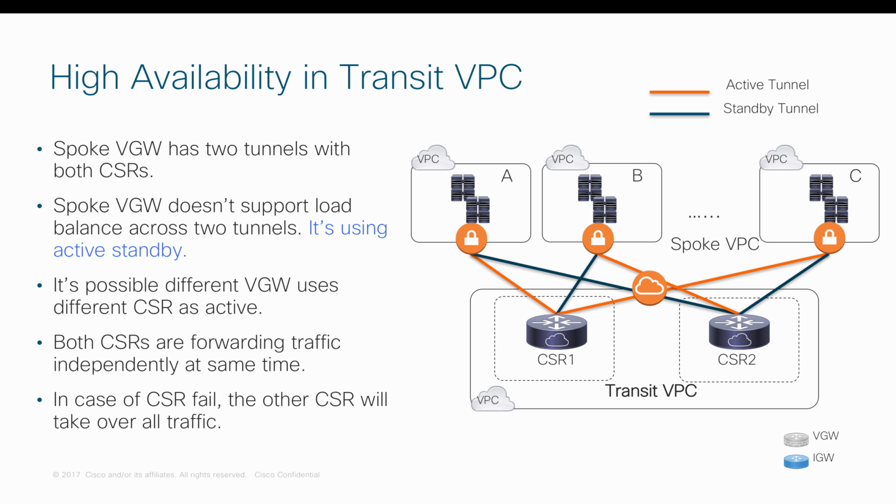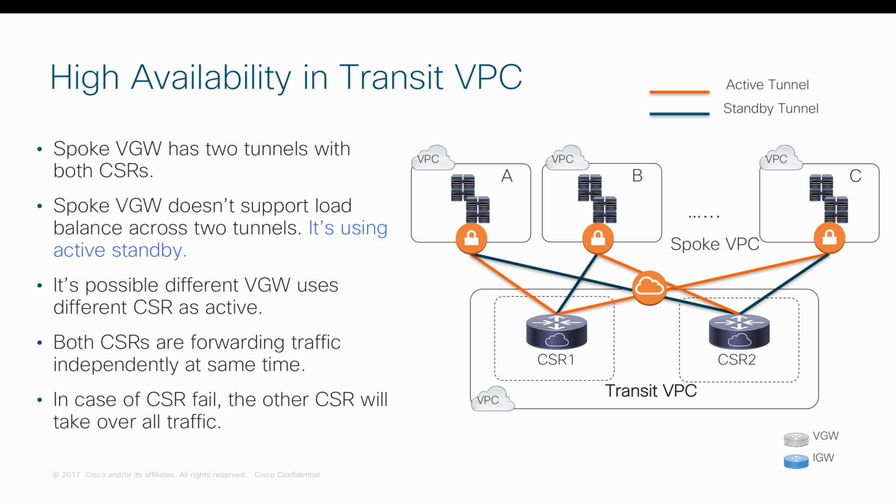So the VGW will become the point that handles the HA. And because the VGW doesn't support active-active today, it only supports active-standby, and it will pick one of the CSRs as active, kind of randomly. So there is a chance your spoke A is using CSR1 as active, and your spoke B is using CSR2 as active. So from the CSR perspective, we are forwarding traffic at the same time.